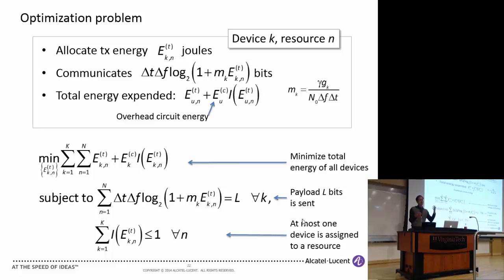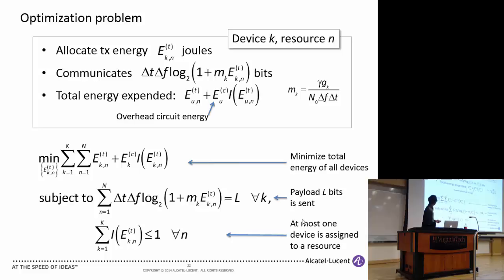And so, in some sense, independent of what the transmit energy is, you're going to expend some overhead energy for the circuit. Okay. And there might be some dependence on the actual data rate, but let's say that it's independent for now, just to simplify things.